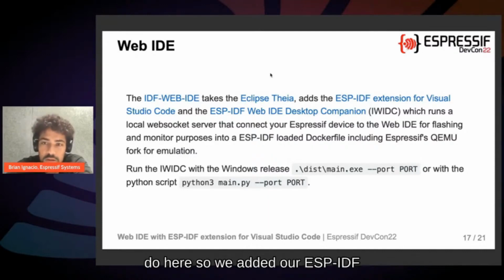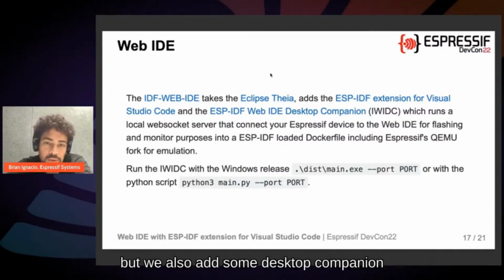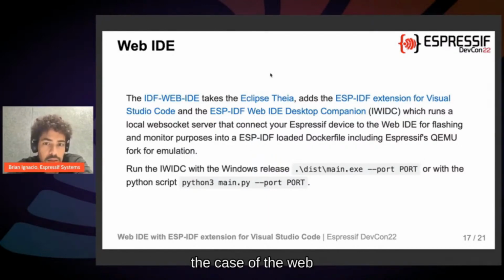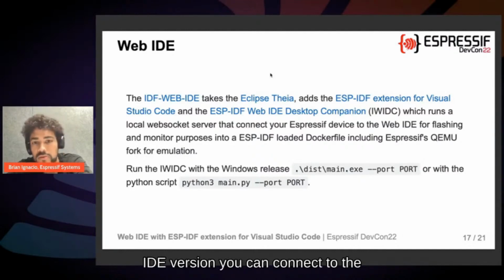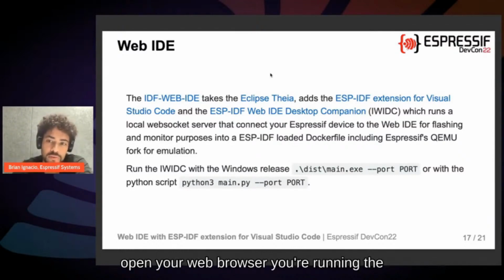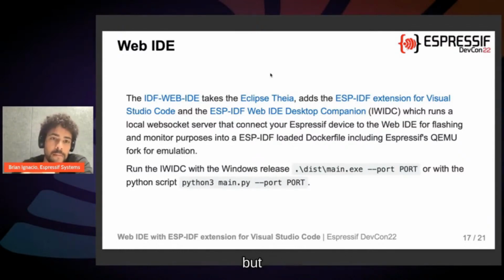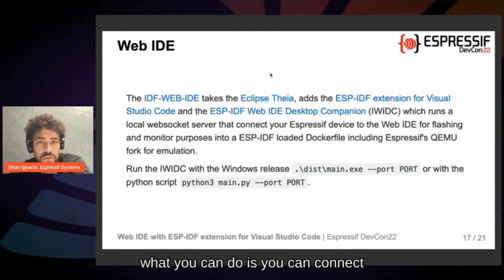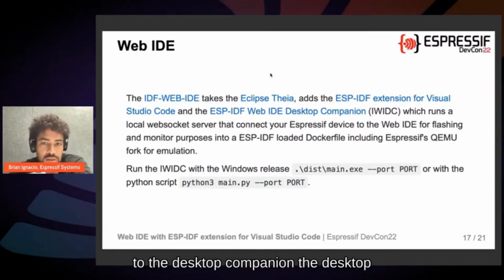So we add our ESP-IDF extension, but we also add a desktop companion. The desktop companion allows you, in the case of the web IDE version, to connect to the desktop companion that is running locally on your system. So let's say you open your web browser and you're running the web IDE, but you want to flash your serial device. What you can do is connect to the desktop companion.